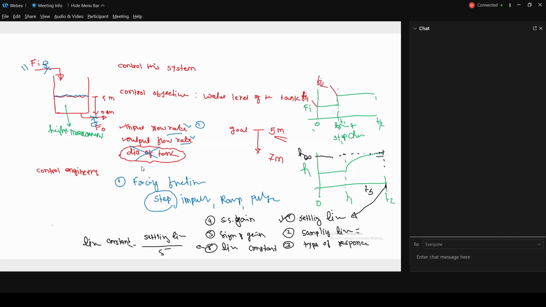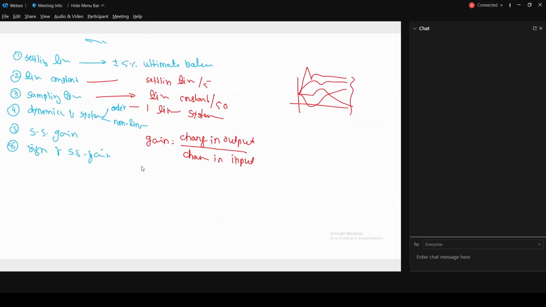In a similar way, the initial height was H1, and after the step change it goes here as H2. So from this, I can find the change in output, which is H2 minus H1, divided by the change in input, which is Fi2 minus Fi1. So I got my steady state gain.